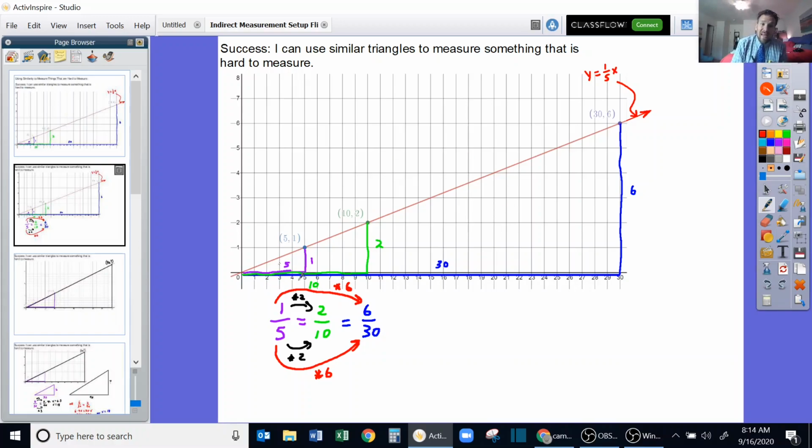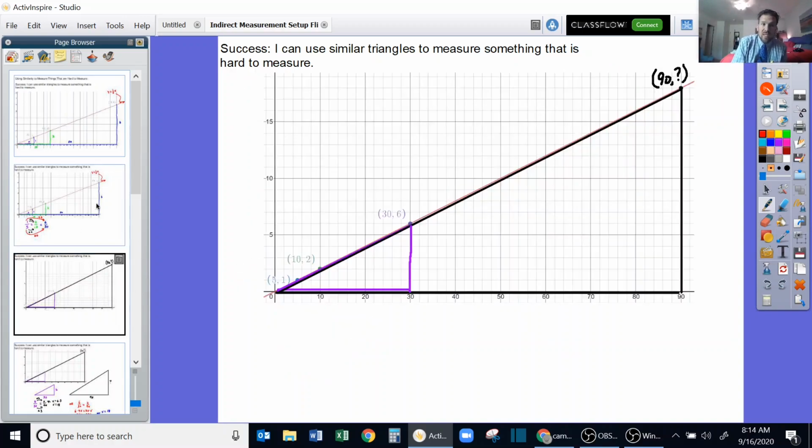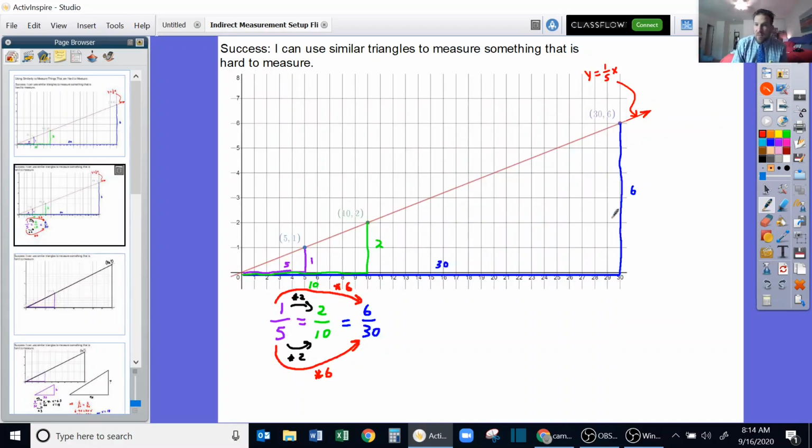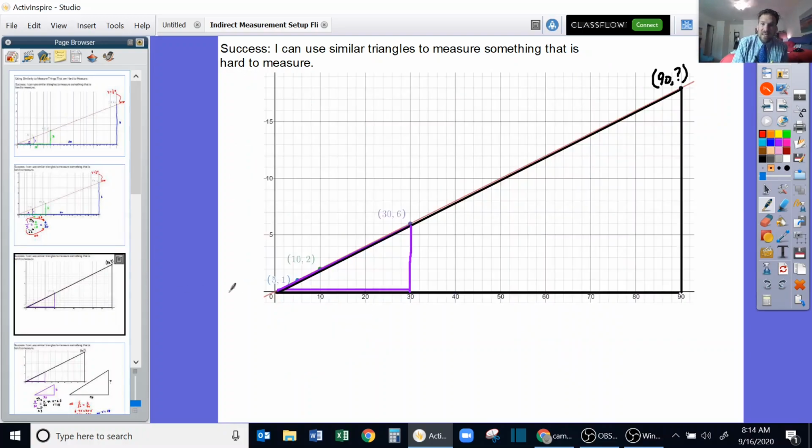Now, we can take this setup and extend it even further. You can see my graph here ended at like 30. What I've done is I've extended it to 90. And I'm going to ask, what if I have these slope triangles and I've got this point that's on that same line, y equals 1/5 x.